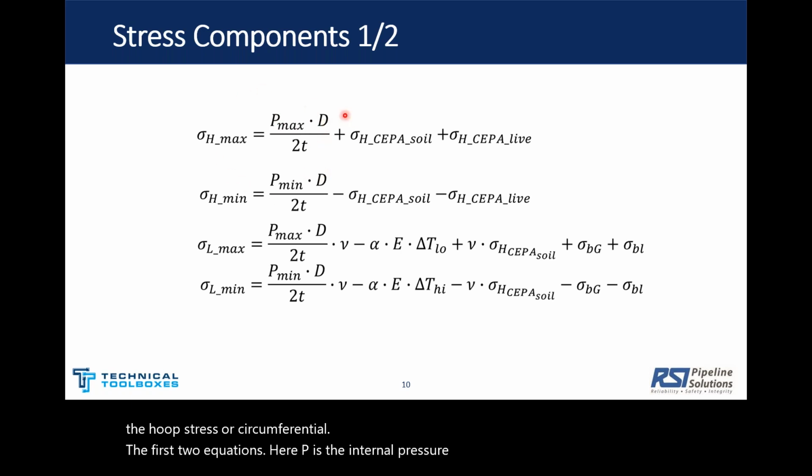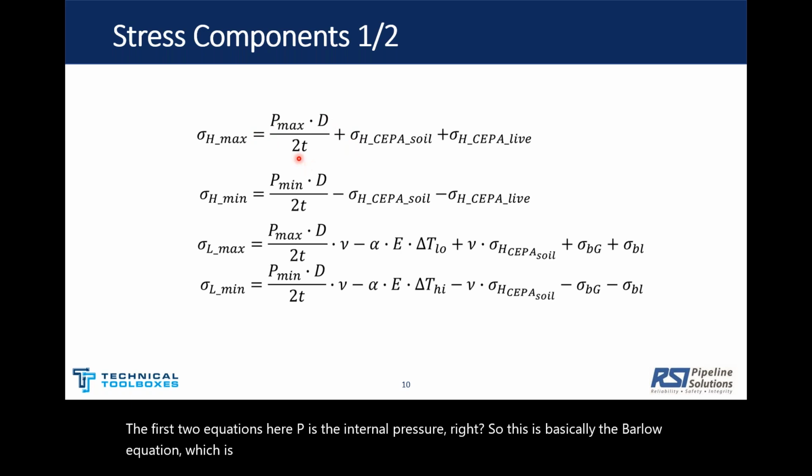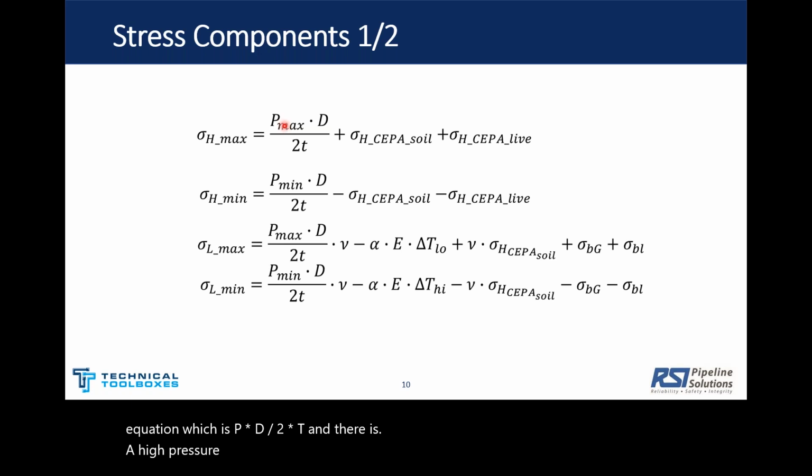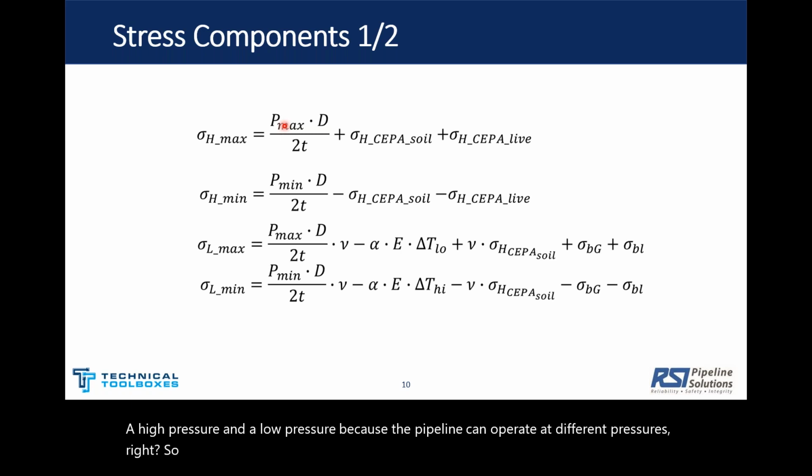So this is basically the Barlow equation, which is P times D divided by 2 times T. And there is a high pressure and a low pressure because the pipeline can operate at different pressures, right? So when we do the calculations, we usually need to account for a high pressure and a low pressure, which is usually 0, right? So we do both.